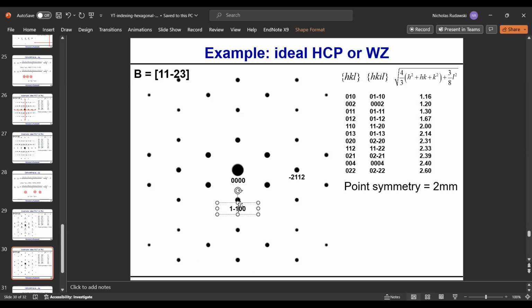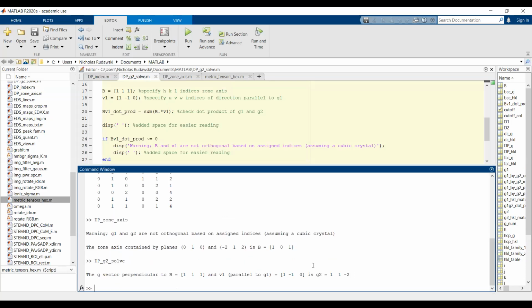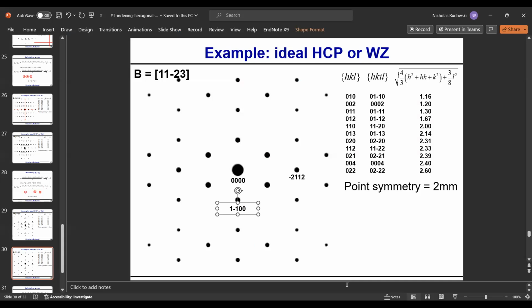Again, we have the parallelism that this is the equivalent direction in 4 index notation. So go ahead and compute that. And so we get 1, 1, 2 bar. So that's actually already in the family. It's already in the family.